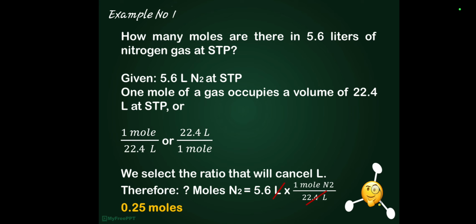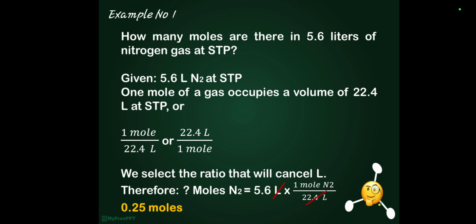How many moles are there in 5.6 liters of nitrogen gas at STP? So the given is 5.6 liters of nitrogen at STP, and 1 mole of a gas occupies a volume of 22.4 L at STP. Or it is actually like this: 1 mole over 22.4 liters, or 22.4 liters over 1 mole.